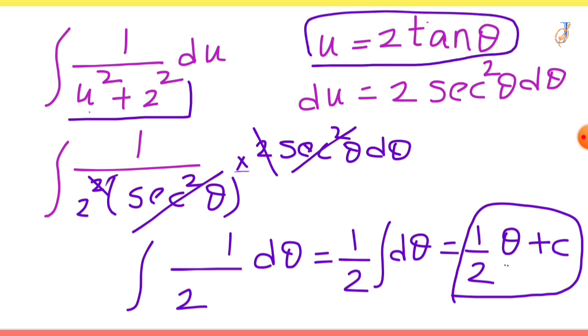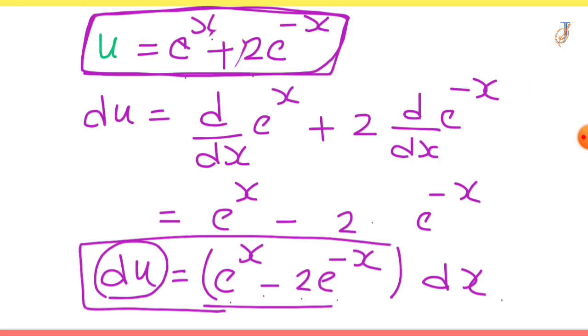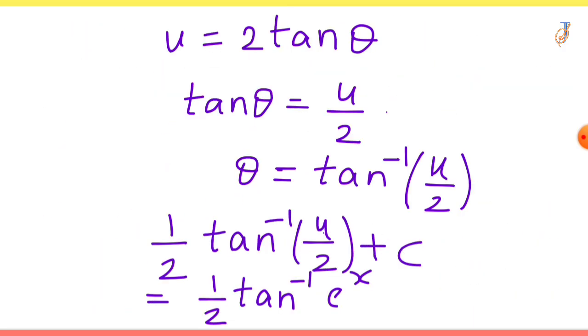If we don't remember the tan theta formula, then you have to follow this. Consider u equal to tan theta. But our original problem is e power 3x minus 2 e power x, so you have to convert in terms of this. That's why you take it as e power x plus 2 e power minus x. So instead of u, I'm going to write e power x plus 2 e power minus x over 2 plus c.